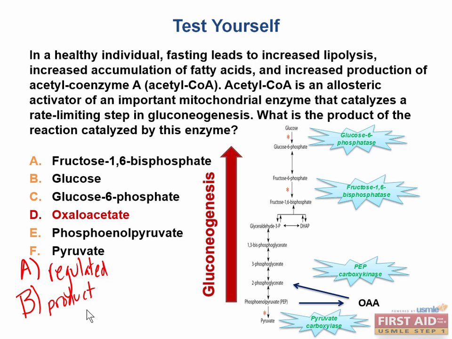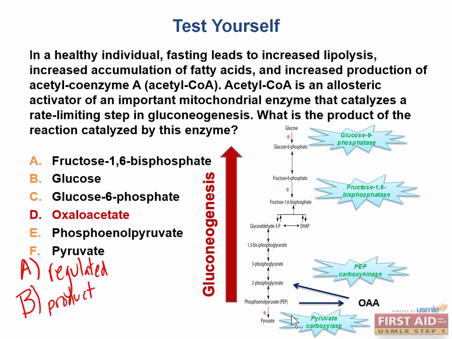Gluconeogenesis occurs in the liver when the body wants to create glucose molecules, like during hypoglycemic fasting states. To make this glucose, the body is going to need to reverse the glycolysis pathway. Many of the enzymes in the glycolysis pathway are reversible, except for these three irreversible steps. Thankfully, we have four unique enzymes in gluconeogenesis that'll bypass these irreversible steps of glycolysis.